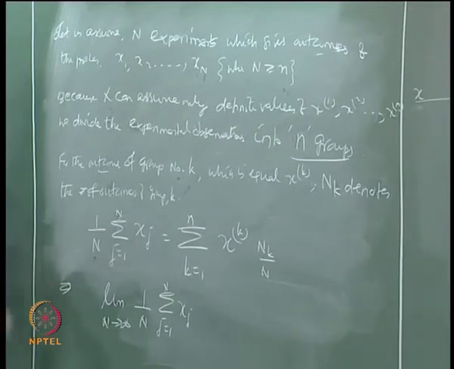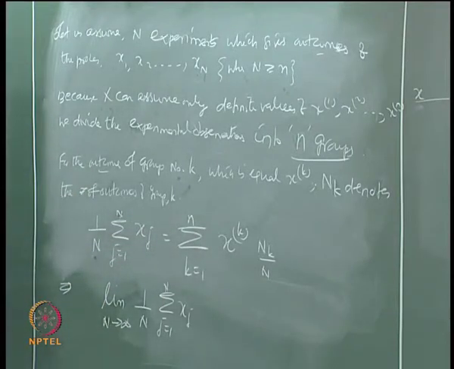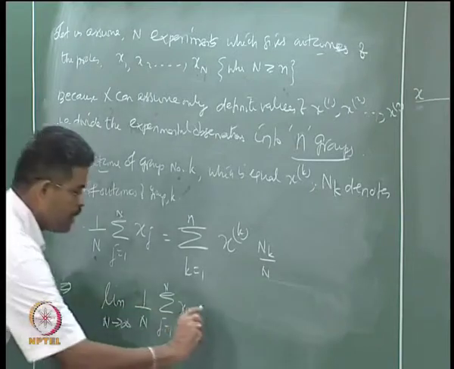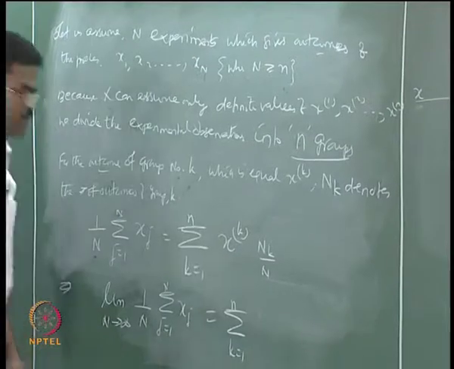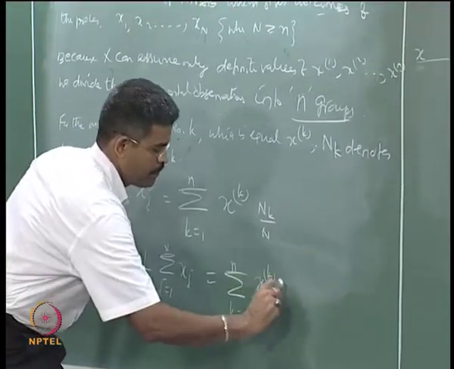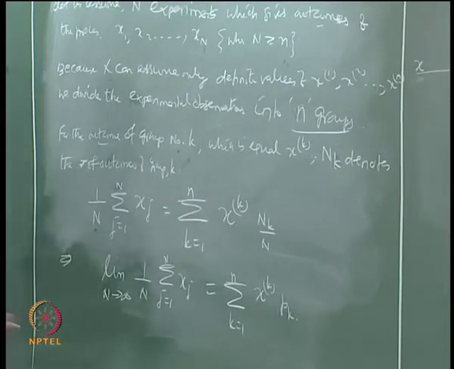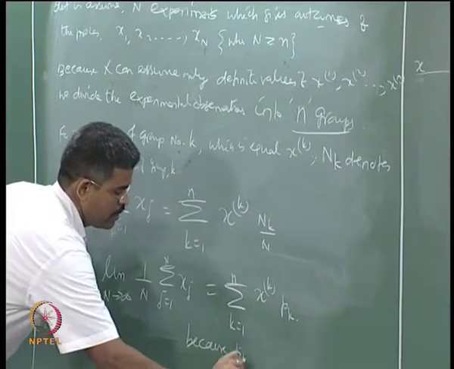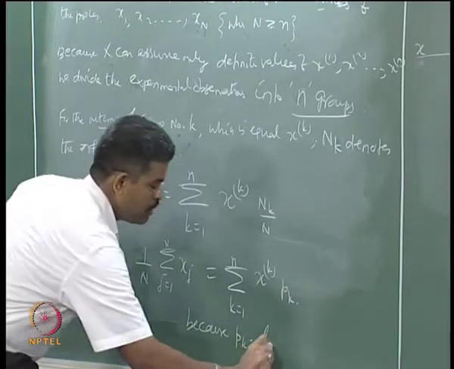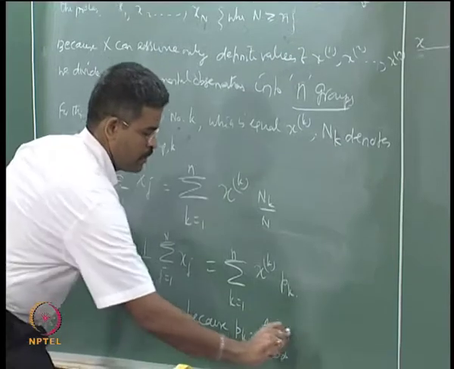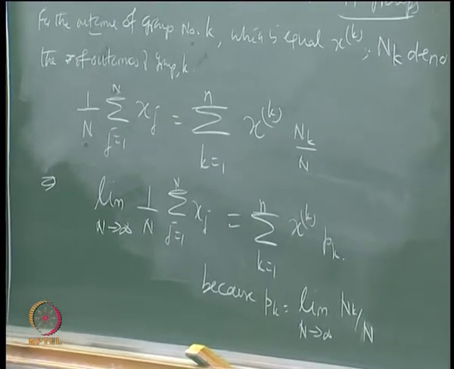This one, for n being very large, is higher than for small n, which is now given by summation of k equals 1 to n of x of k pk, with the equation we already had, because pk is nothing but the probability of x less than or equal to x of n, which can be simply limit n tends to infinity nk by n, that is pk, is it not? That is the probability.